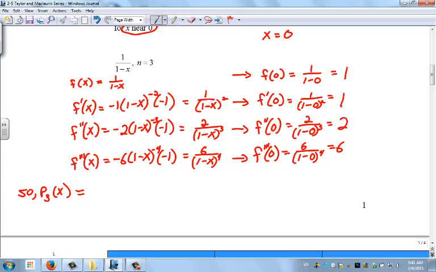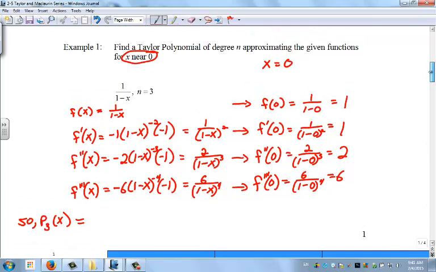So P3 of x ends up being the following. It is f of 0. So I just look up at the formula. I'm not going to write all that out again because the formula is right up there above, right?